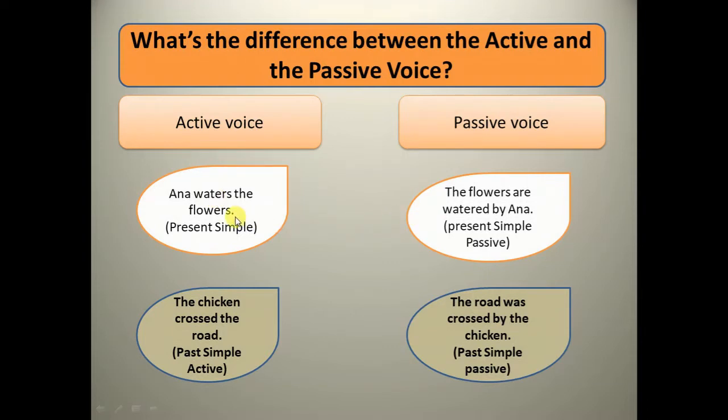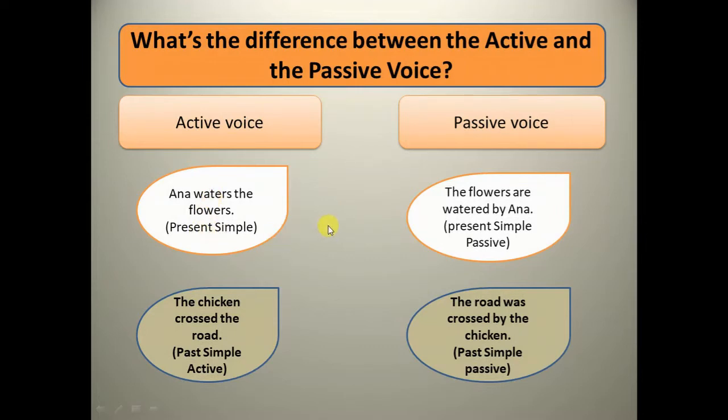So the flowers become the subject of the passive voice, and then we look at the verb, which is in the present simple. So we have to understand what is the tense of the main verb. So this is in the present simple.